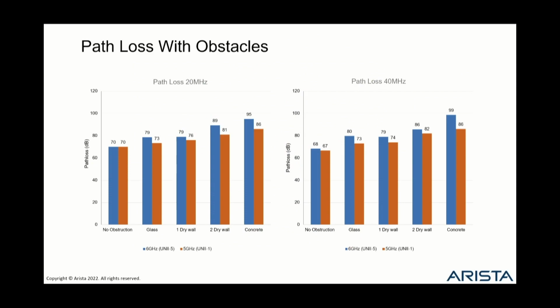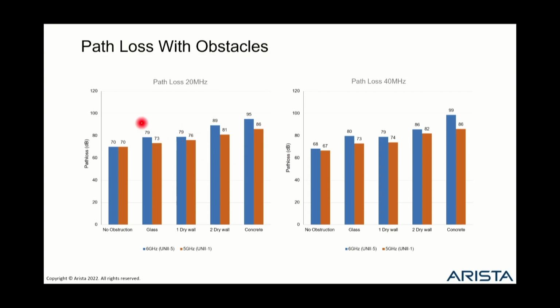And again, I'm not going to go too much into detail, but the general trend is very clear. By the way, this is path loss. So what this means is that consistently you see that 6 gigahertz, which is the blue bar, has higher path loss, meaning it propagates worse than 5 gigahertz.